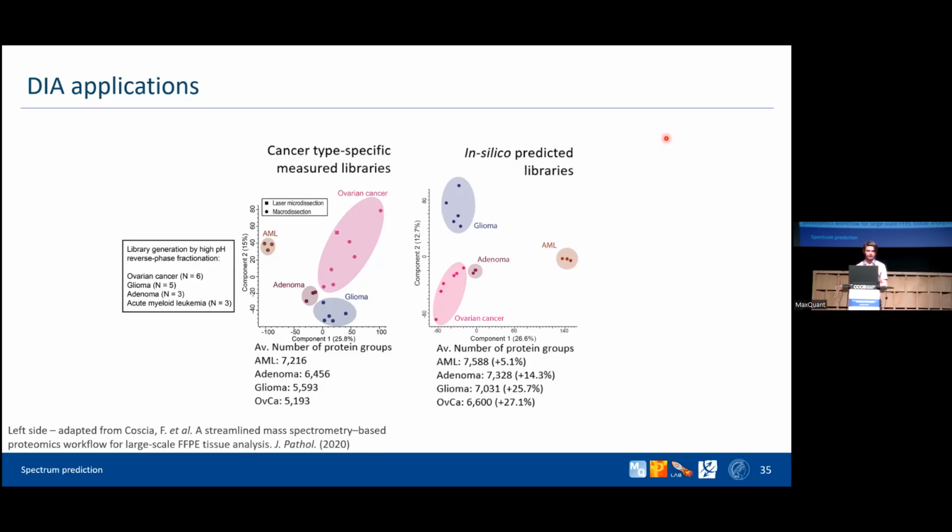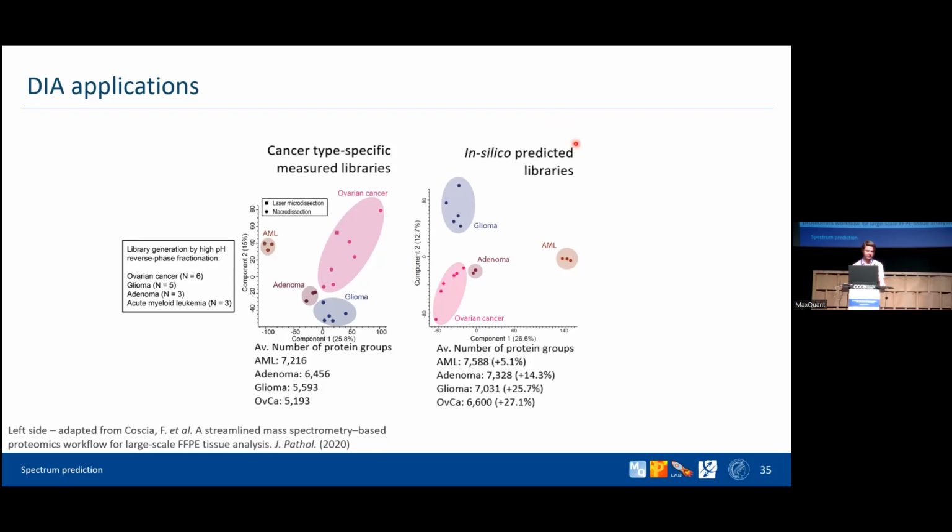So many DIA analysis workflows directly utilize measured spectral libraries to query samples. So in principle, they can use predicted spectral libraries instead of measured spectral libraries. And it was shown that it is advantageous, at least for the standard DIA samples.